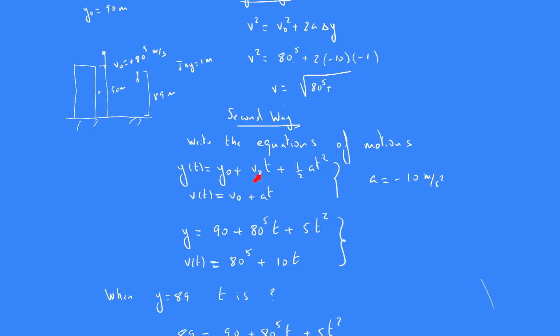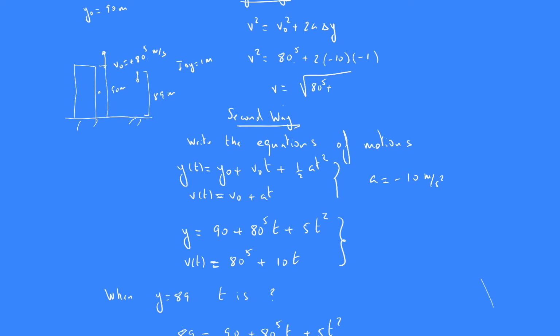It doesn't matter to put the y, it is understood that it is the acceleration in the y direction. And v of t is v0 plus at. v of t changes according to the equation v0 plus at in a motion with constant acceleration. So these are the two equations with constant acceleration.